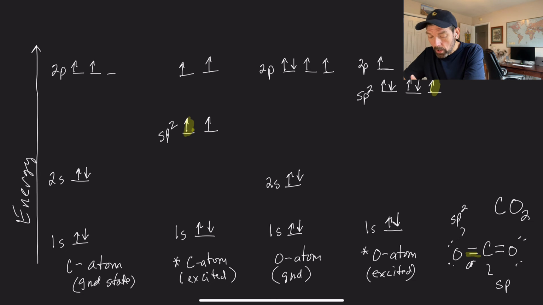That seems to work because we have hybridized orbitals doing that, right? And then the carbon atom has a second bond, so it's double bonded, so that must mean that there is a space that is unhybridized. Well, right there is an unhybridized space. So that seems to work.